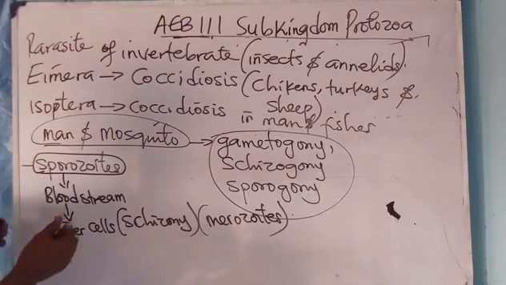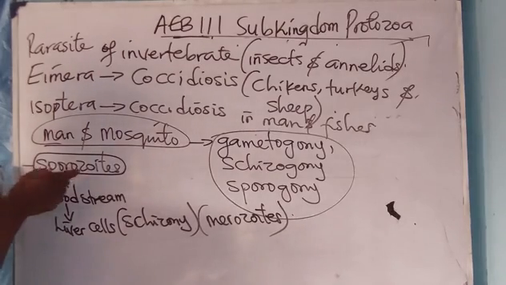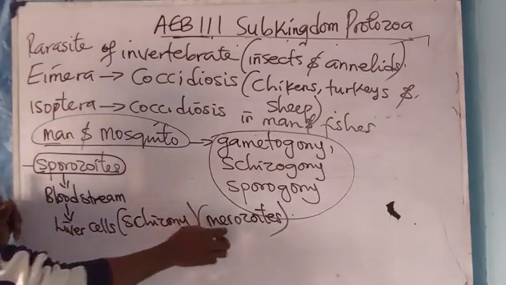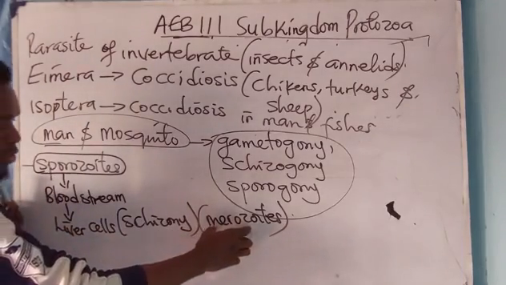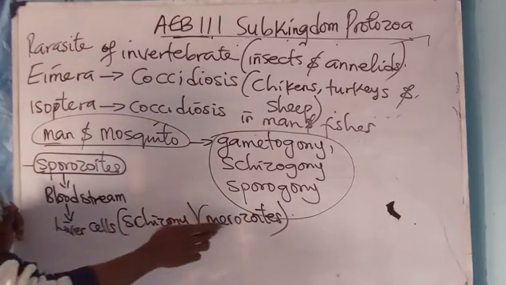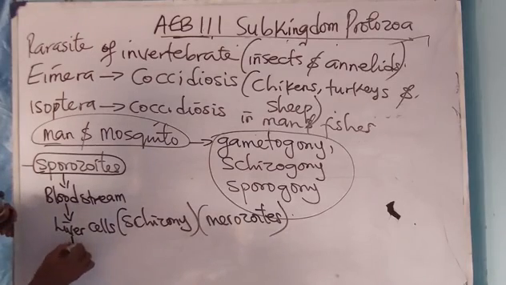Okay, look at how it is. This sporozoite stage will get to the liver. It will undergo schizogony to produce what? The merozoite stage. This merozoite stage is the one that damages the cells of the liver. The merozoite stage damages the cells of what? The liver. This merozoite stage will now undergo schizogony to produce what? The cryptozoite stage.